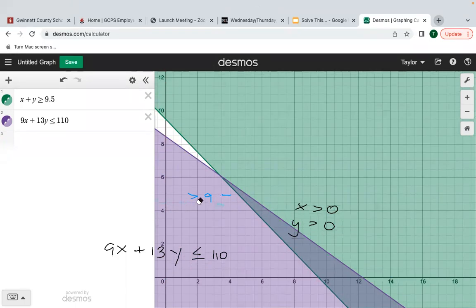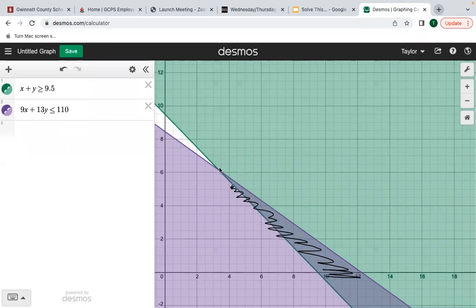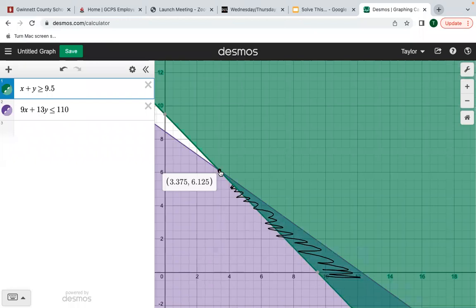Now the solution to these problems is where they actually overlap. So for instance, right in here, that's where they overlap. That's the solution to both of those inequalities. Now they do meet right at this point, which is kind of like the best case scenario.